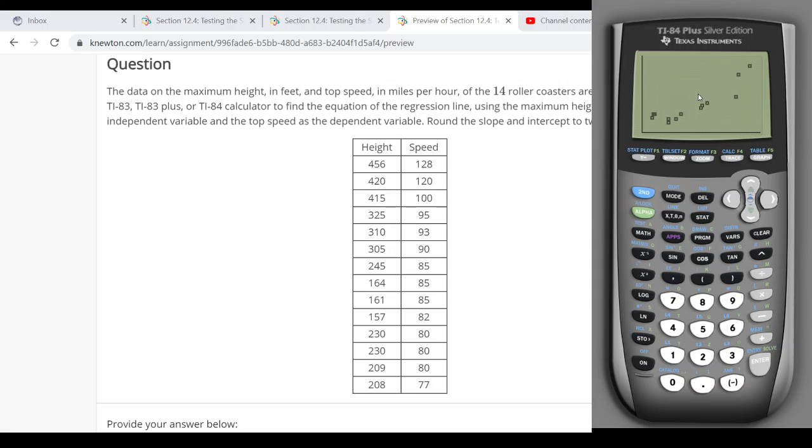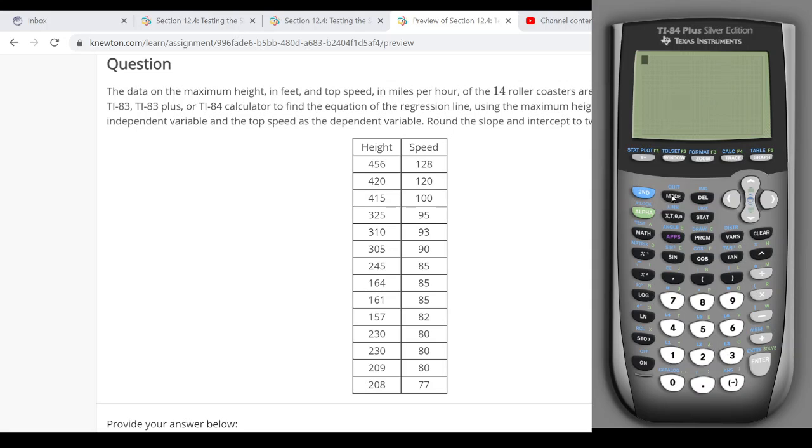So I'm going to say the value of r is going to be closer to 1 than it is to 0, positive 1, because it looks like there's a positive relationship here. We're not asked to calculate r, the correlation coefficient. We're asked to find the slope and the y-intercept, but still, I think the slope is going to be some positive number based on the look of this scatter plot.